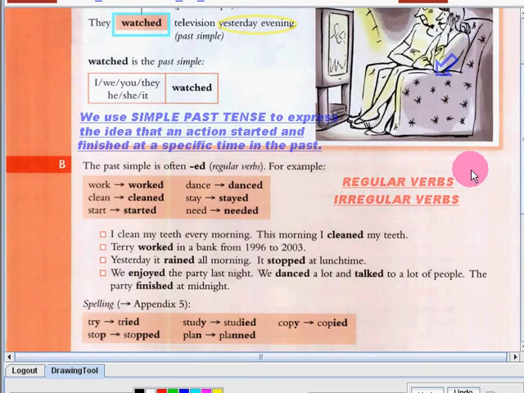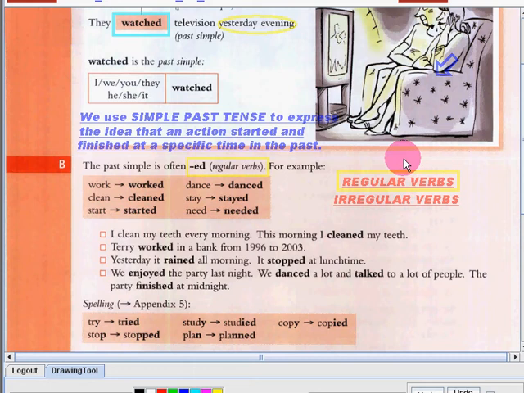Now, we have two types or kinds of verbs. We have the regular verbs and the irregular verbs. Now, let's first discuss the regular verbs. Now, it's very easy to point out regular verbs.